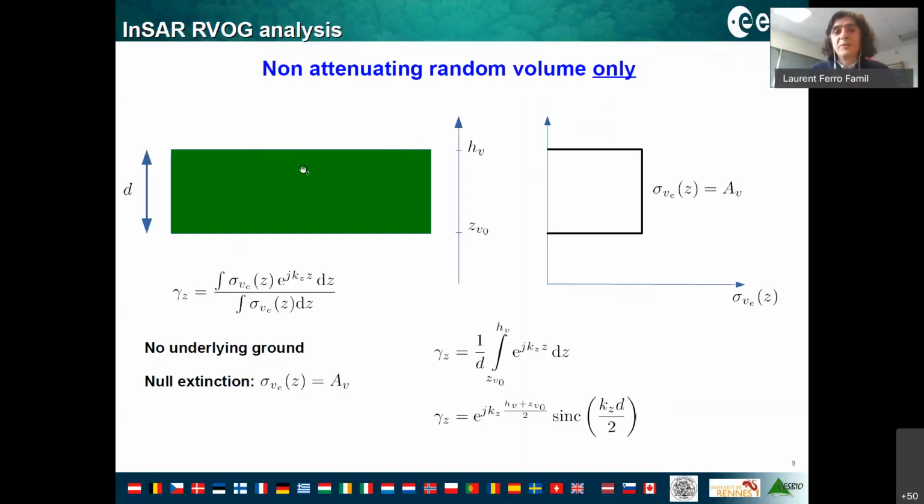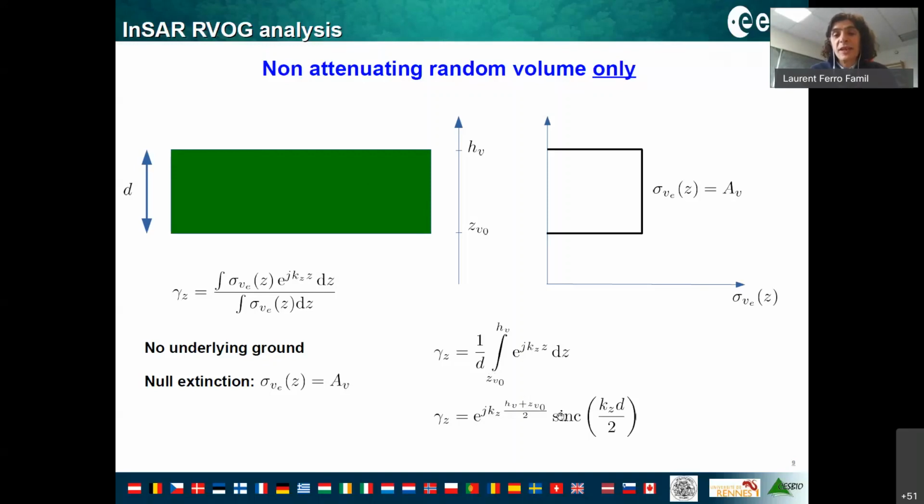It's kind of a strange volume, but it is a first step in the description of natural environments. Later, we will incorporate extinction in our analysis, and when you do this, you just insert this kind of volume reflectivity in elevation into this integral here.